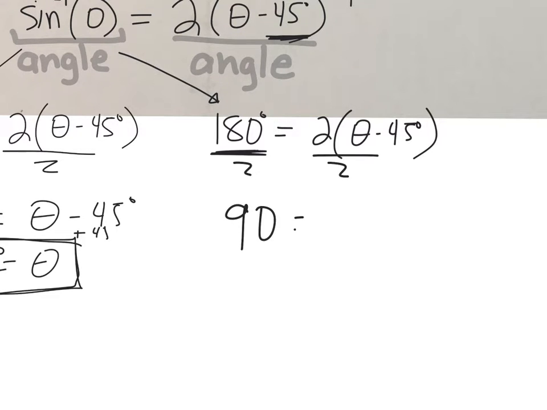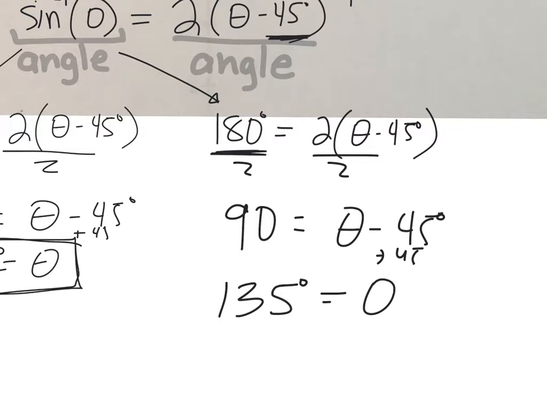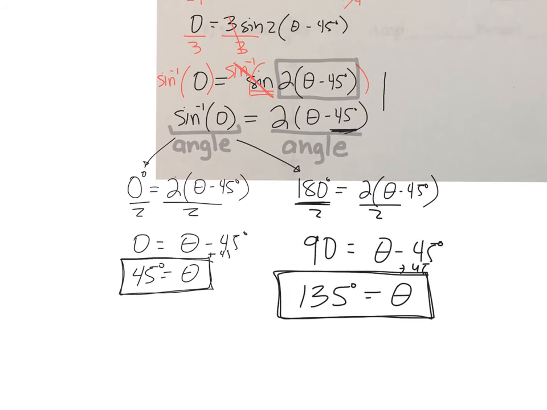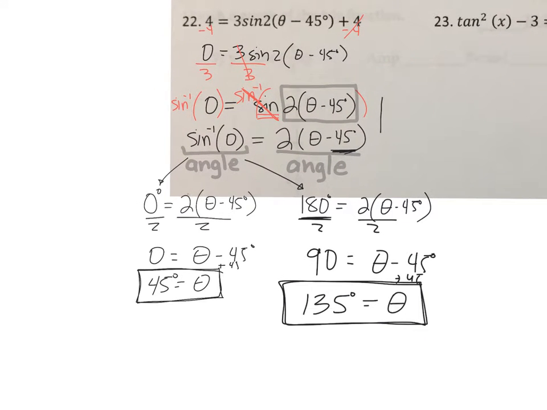So 90 equals theta minus 45 degrees, and adding 45 to both sides gives me an angle of 135 degrees. So those are your two angles that when we plug them into here and do all that work up there, we would get an answer of 4. So the trick here is taking the inverse sine and figuring out that there's going to be an angle there.